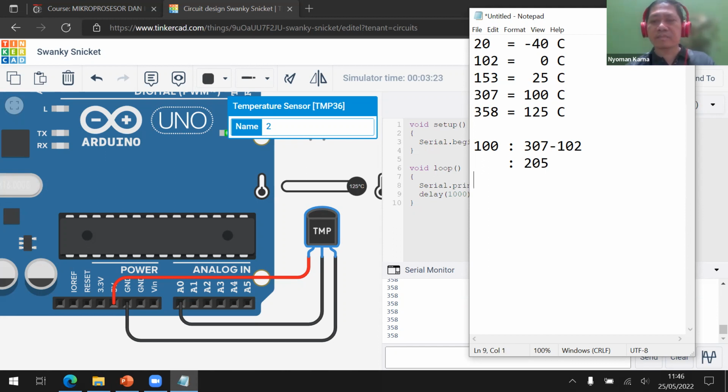That means one value in here, the difference of one value in the serial monitor, represents 0.5 degrees Celsius... I mean, 2.05 degrees Celsius.